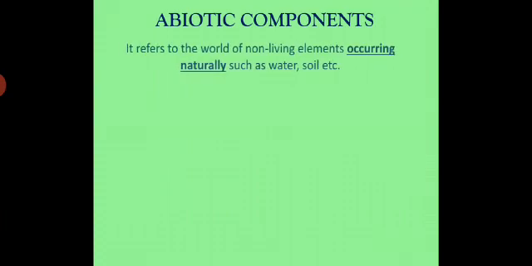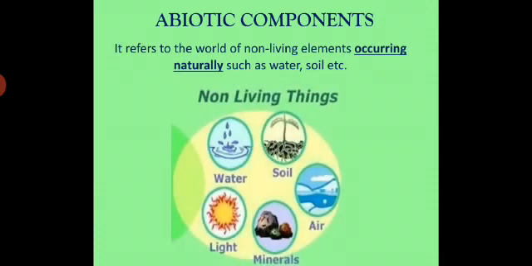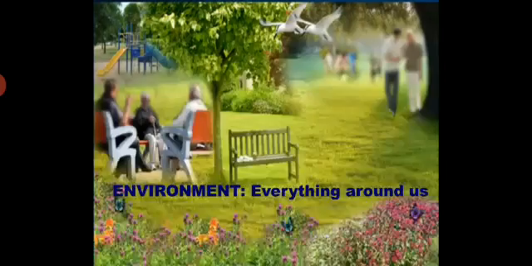Moving further to abiotic components, they are the non-living components that influence an ecosystem. For example, temperature, air, minerals, soil, water, sunlight. Let's see the same picture again.